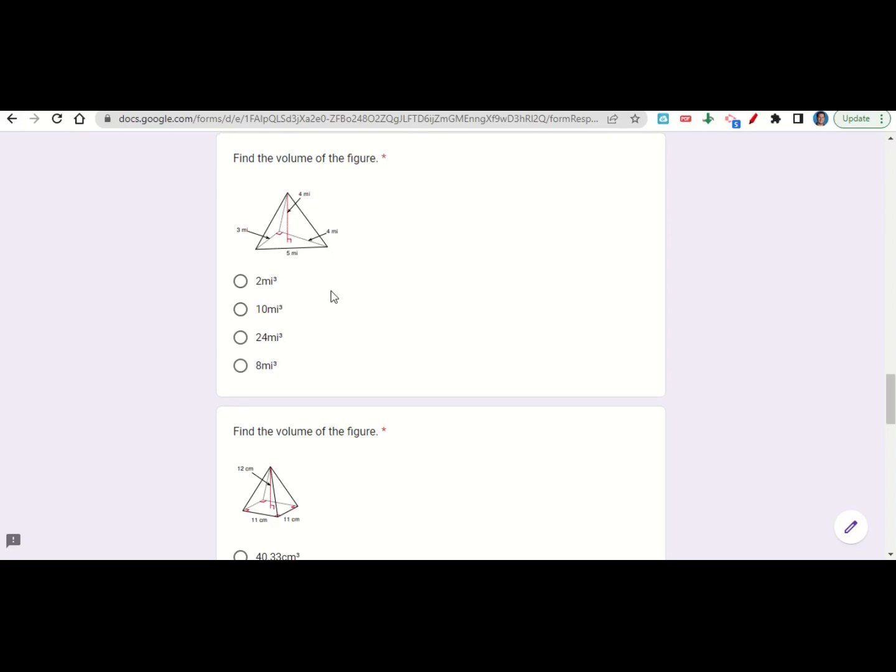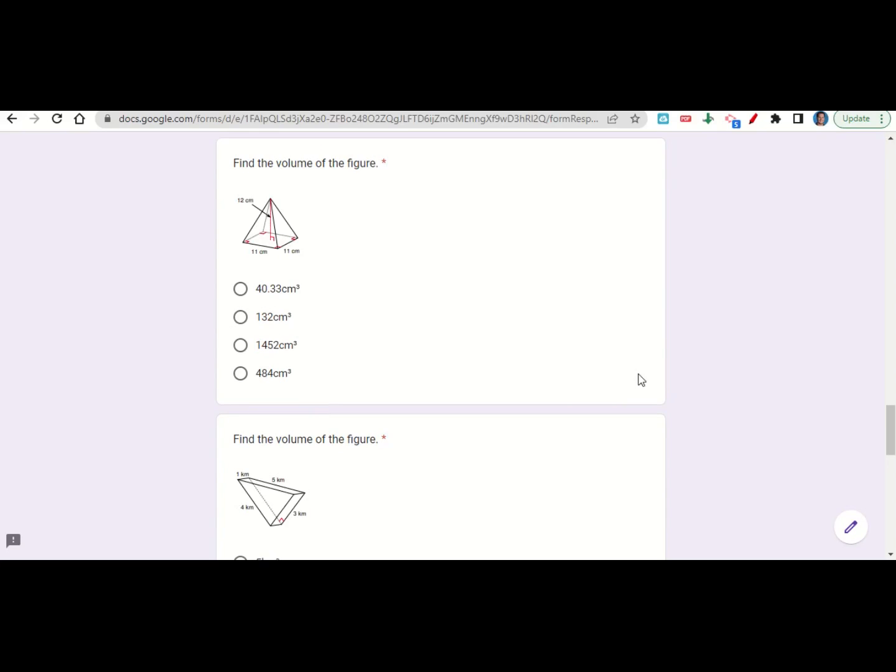So now let's take a look at this one. We have a pyramid here, and we know that the volume of a pyramid is 1/3 times the area of the base times the height. We have a rectangular base, so we multiply the length times the width, so 11 times 11, which is 121.